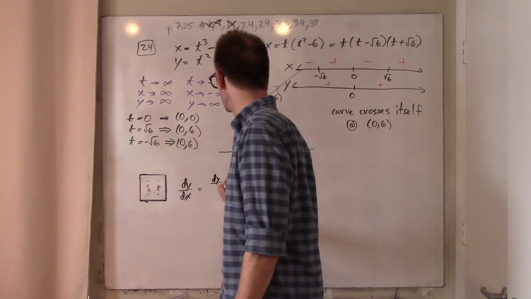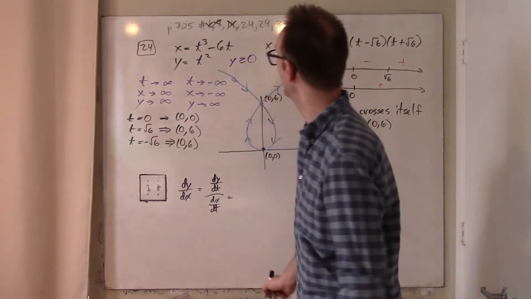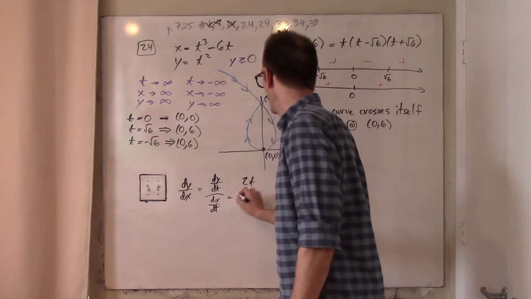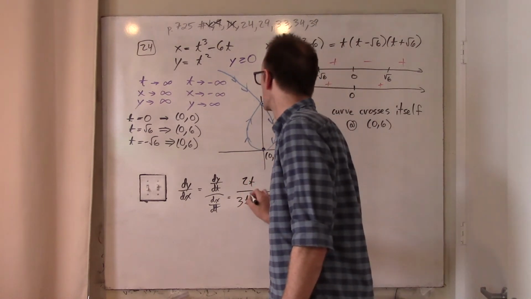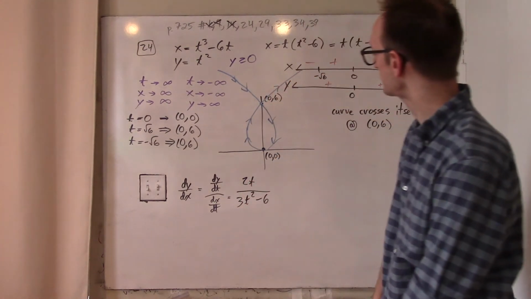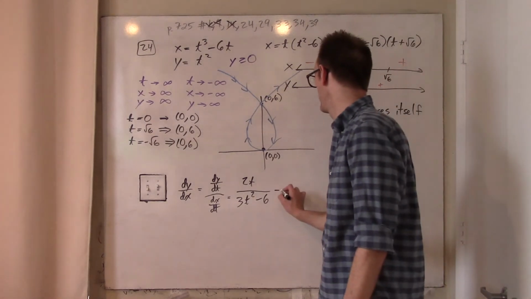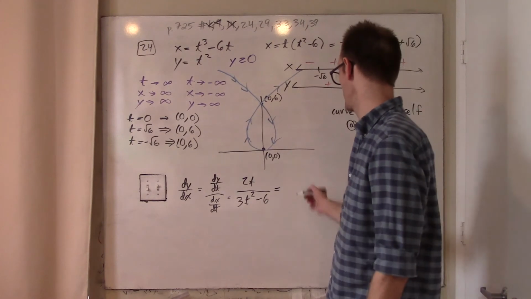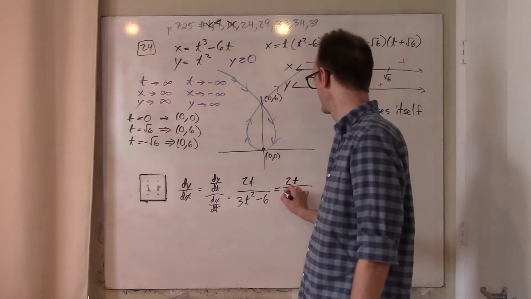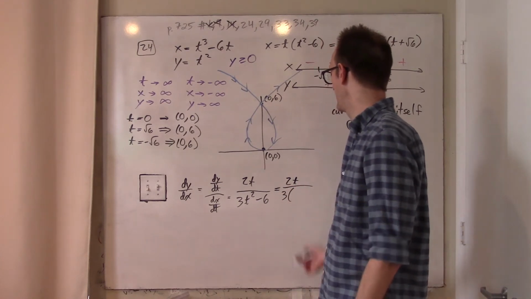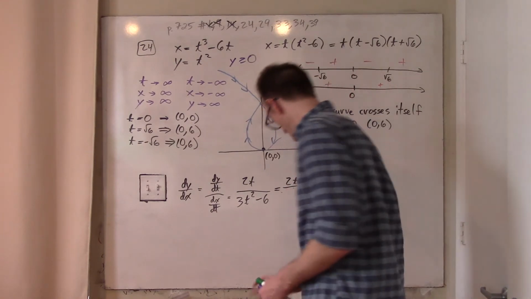It's dy/dt over dx/dt. dy/dt is 2t, and dx/dt is 3t squared minus 6. Okay, can I do anything with this? I don't know. Never mind simplifying it, because I just don't think it's worth it.